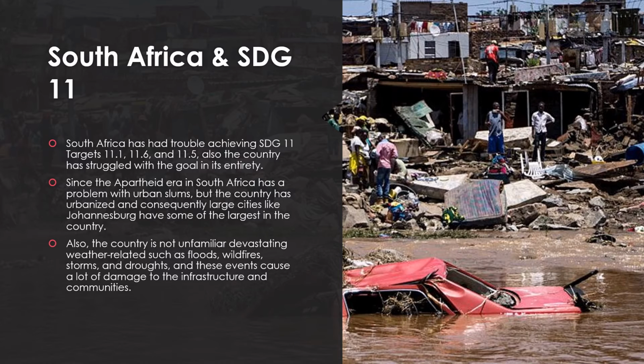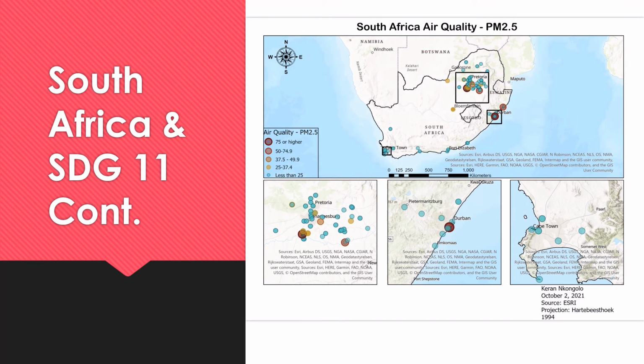specific for Cape Town. And additionally, regarding the air quality in South Africa, it's not the worst. As you can see, there are a lot of places with less than PM of 25, with PM being particle matter, if I remember correctly.